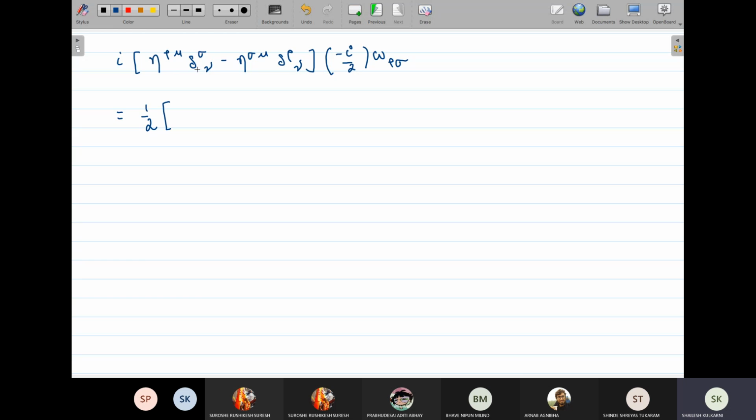Eta rho mu delta sigma nu: sigma will be replaced by nu and rho will be raised and become mu, so it will be omega mu nu. And here I will get minus: rho will be replaced by nu and sigma will be raised to upper mu, but this rho is the first index here, so it will be omega nu mu.